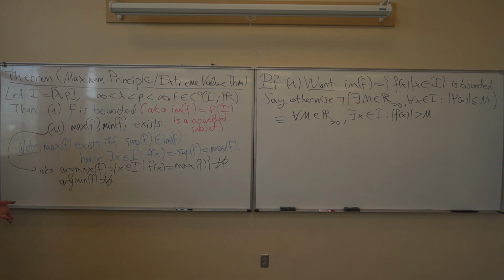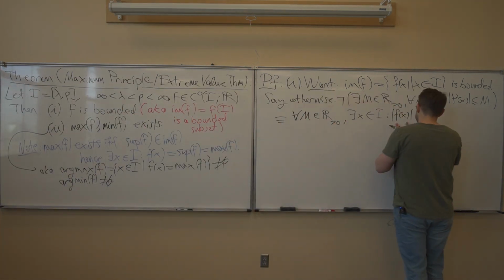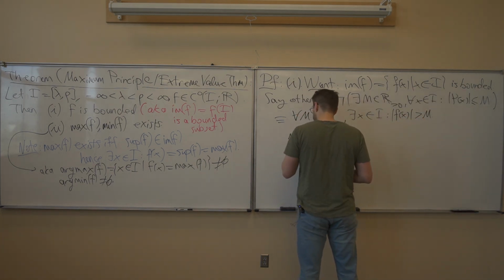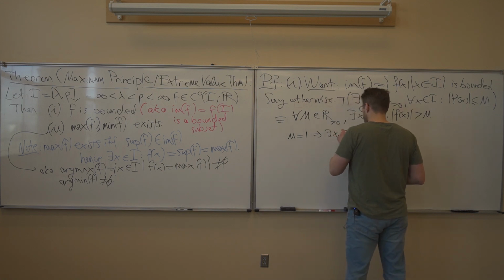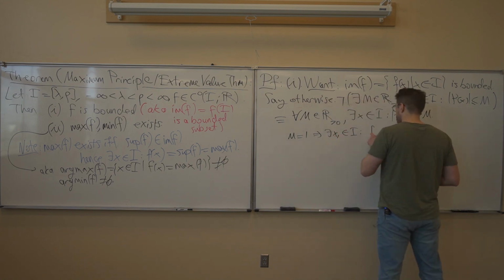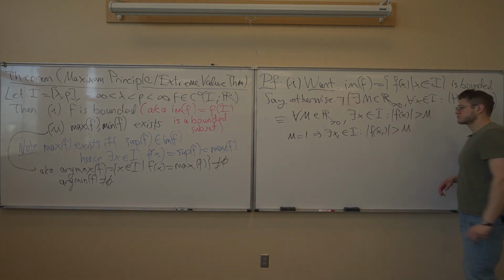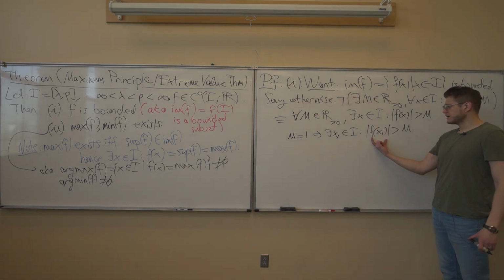So for M equals 1, there is an x sub 1 such that f of x sub 1 exceeds 1. Right? Then perhaps I can take M equals 2 and so on. You can be a little bit more fancy if you want, and say, well, I'm going to take the max of 2 and this guy.